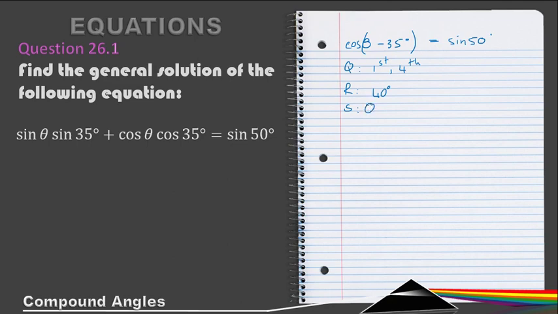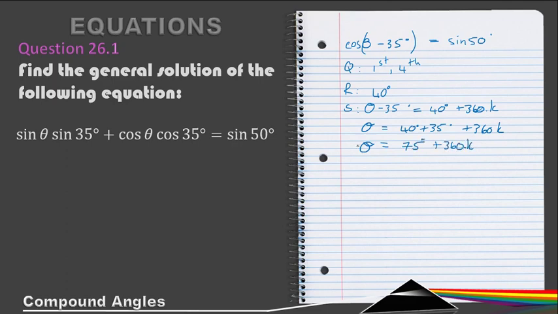So theta minus 35 is equal to my reference angle 40 degrees plus 360k. So theta is equal to 40 degrees plus 35, if I bring the 35 over, plus 360k. And then theta is equal to 75 plus 360k.